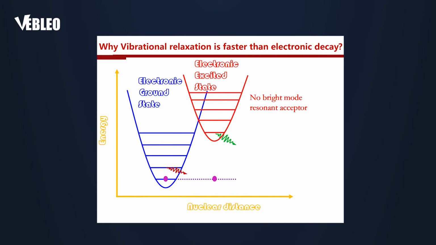The energy gap between two vibrational excited states is only a few thousand or 100 wave numbers. And in the environment, there are so many resonant acceptors that resonant energy transfer is much faster than non-resonant transfer. Because of this, vibrational relaxation is typically much faster than spontaneous emission.